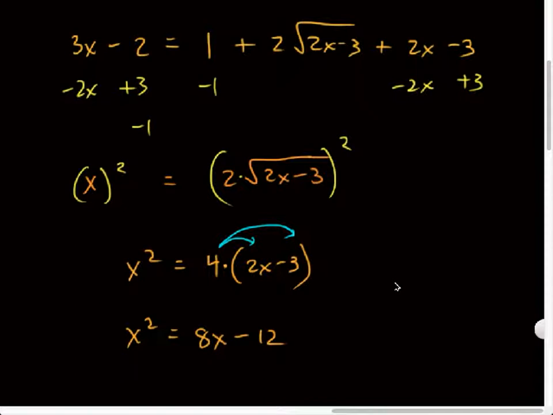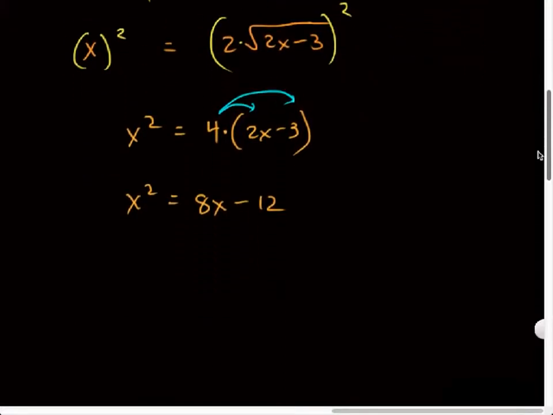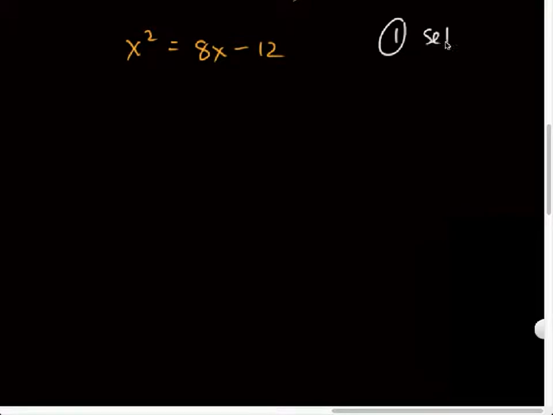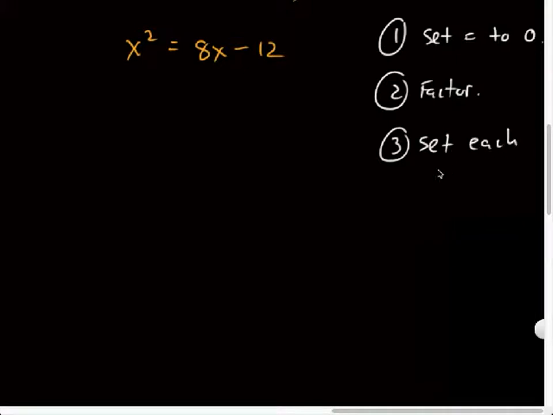And now solving from here, now I've gotten rid of all my radicals. We're going to actually spend a good couple sections on ways of solving this type of problem. But in general, I'm going to just do a quick breakdown. Step 1, set equal to 0. Step 2, factor. Step 3, set each factor equal to 0.